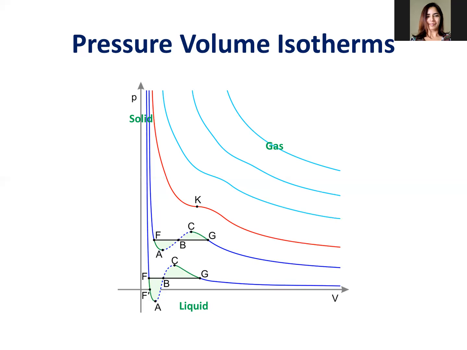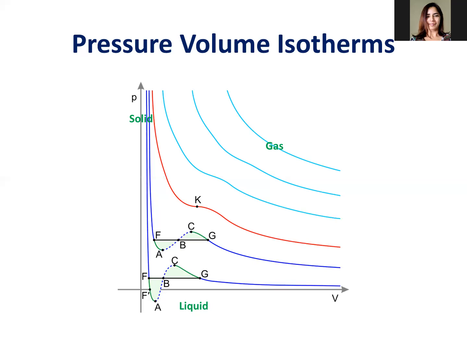So at the critical point on a particular isotherm, at a particular temperature Tc, we get Vc and Pc for this isotherm.